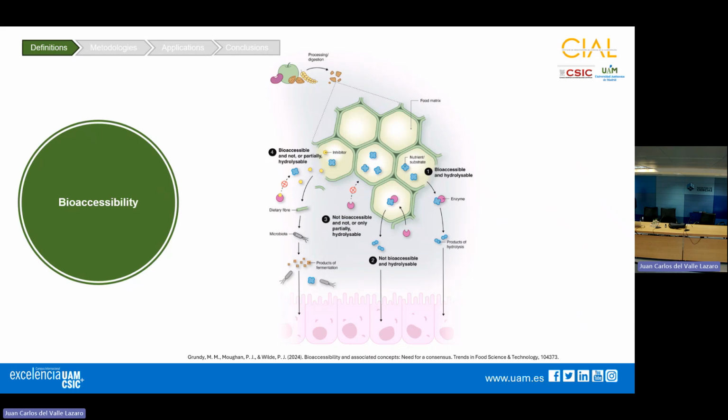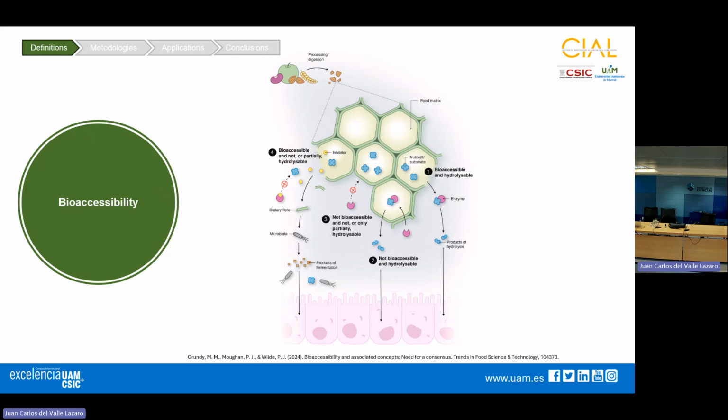So when we look at bioaccessibility, we can find different situations. When we talk about nutrients, we can have those within a food matrix. This is representing vegetable source, plant source components. So we can have those that are inside the food matrix and can be accessible and hydrolyzed once they are released in the intestinal lumen.